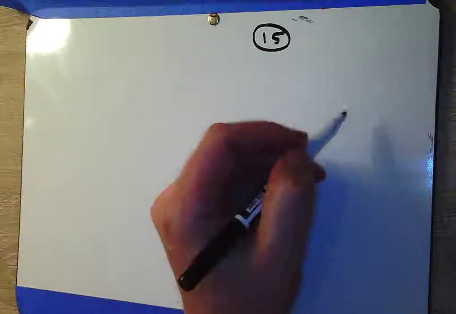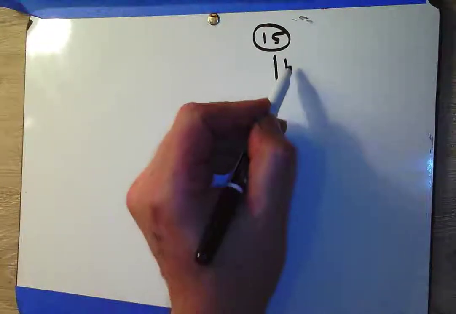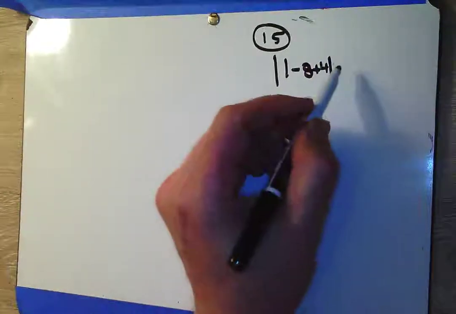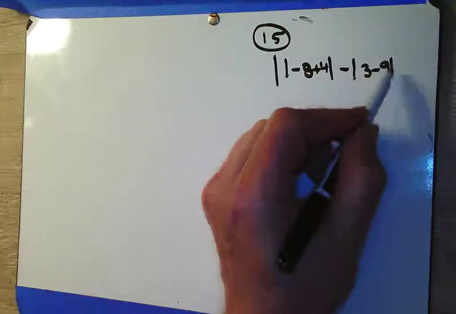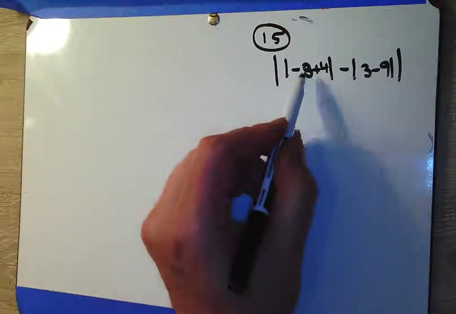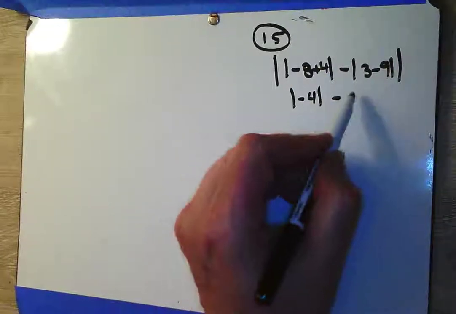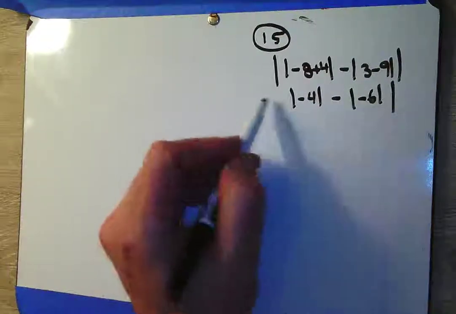15 says, what's the value of the expression? Please note the exterior set of absolute value bars. And then there's interior absolute value bars. So negative 8 plus 4 is negative 4. 3 minus 6 is negative 6.